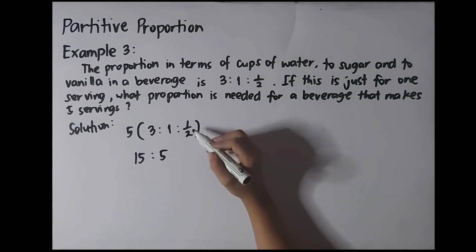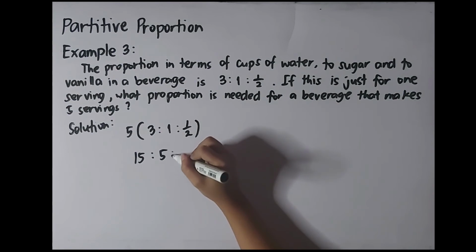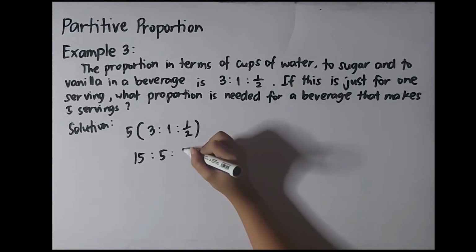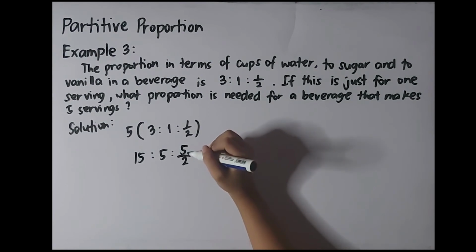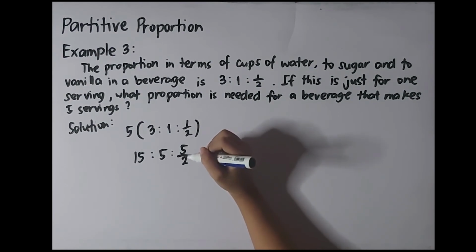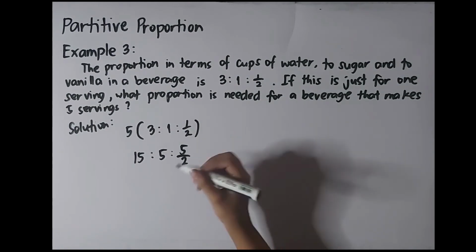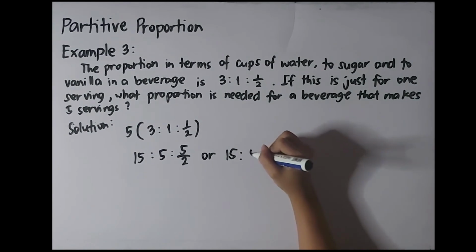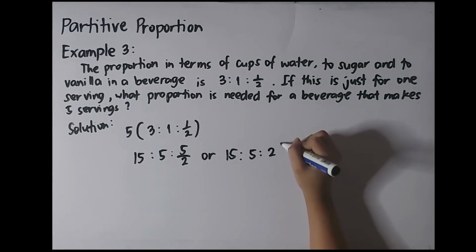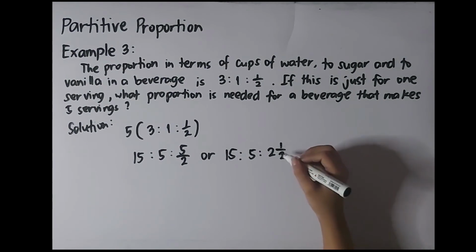So 5 times 1/2, that is equals to 5 halves, or in mixed fraction, 2 and 1/2, or 2.5. Or 15 is to 5 is to 2 and 1/2 for vanilla.